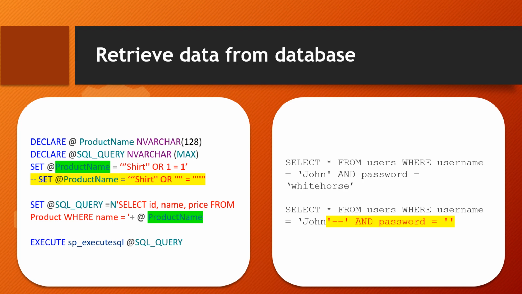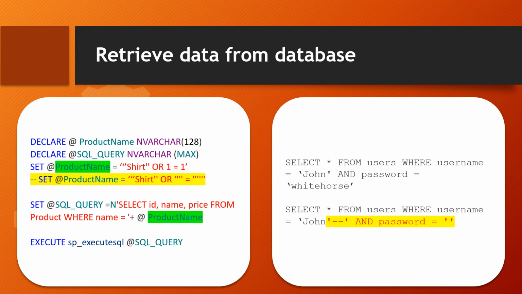So here is another example. If you see the left screen, the query will tell you ID, name and price of the product table, and the product name is what you are going to pass. This is the kind of mistake developers make.